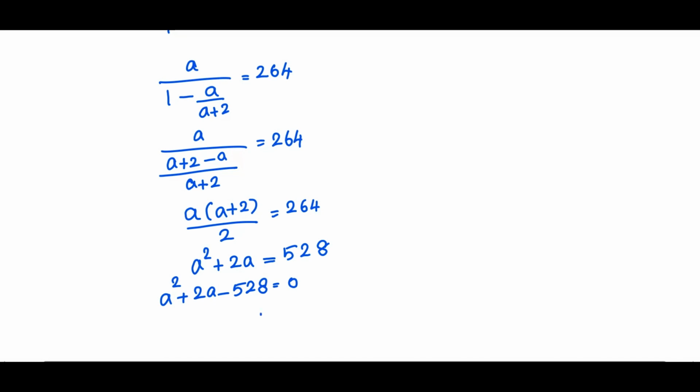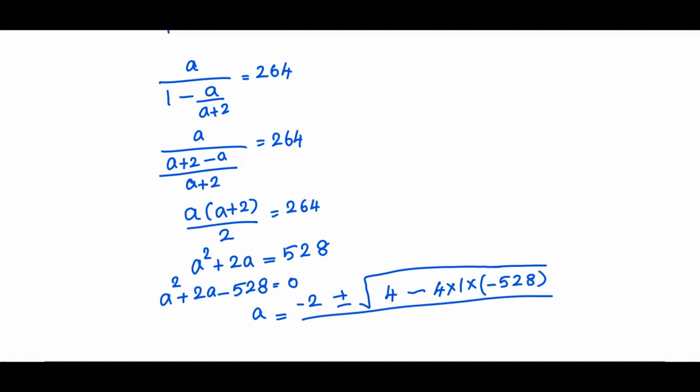Let us find the value of a by using the quadratic formula. Minus 2 plus or minus the square root of 2 squared, that is 4, minus 4 multiplied by 1 multiplied by negative 528, divided by 2.